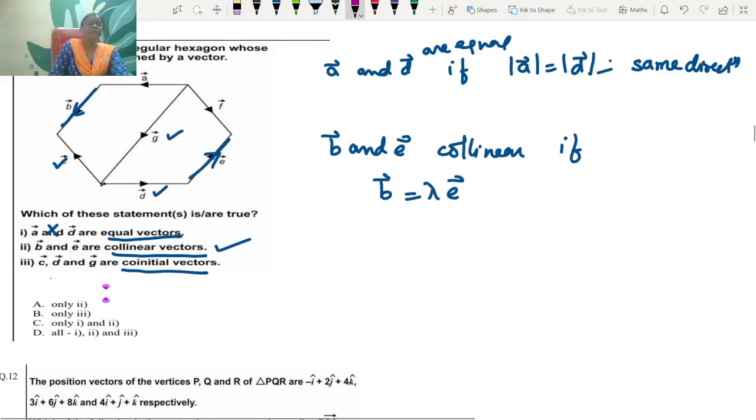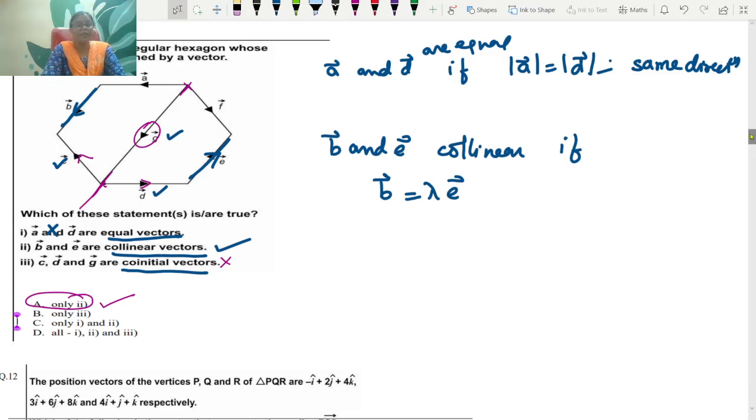A starts from this point, and its direction is this way. C starts from here, and its direction is this way. But vector G starts from here. So G does not have the same initial point. So this is again ruled out. So of the options, only two is correct, that is option A.